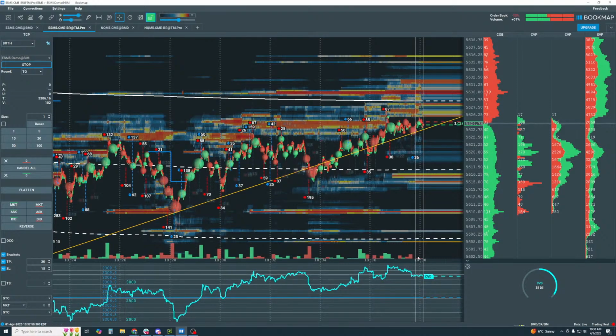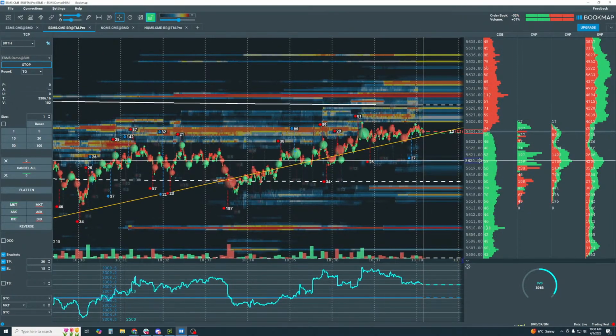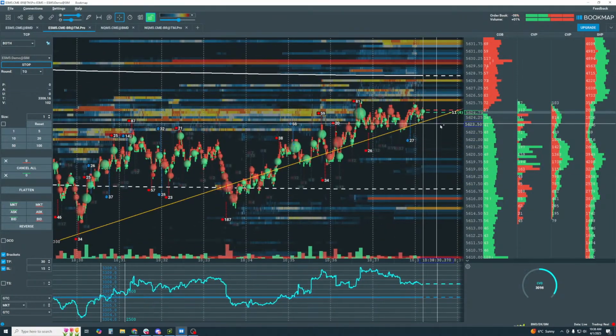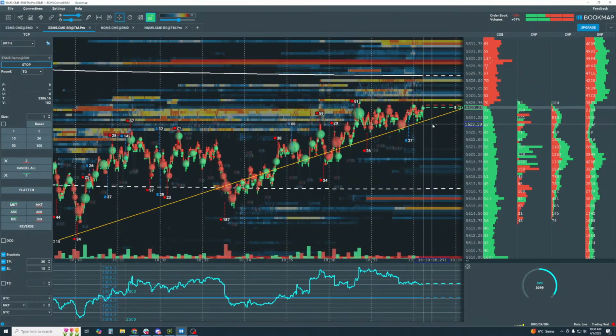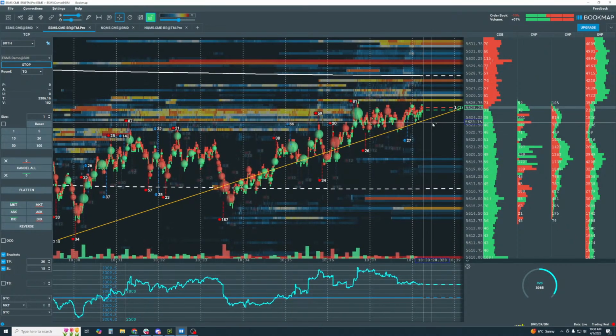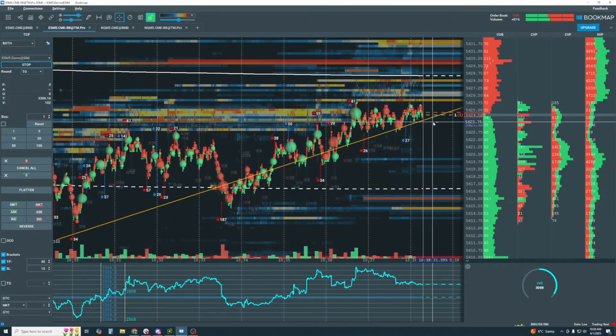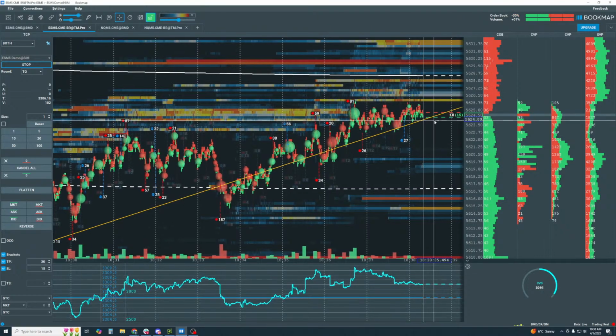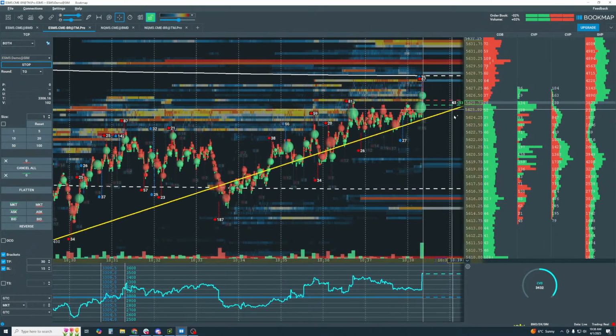Divergence here, CVD as well. All right, so this is what I'm willing to do here.